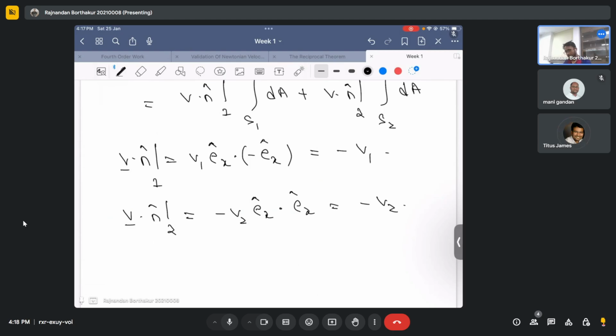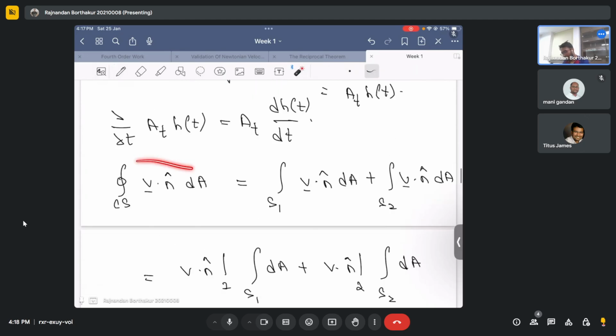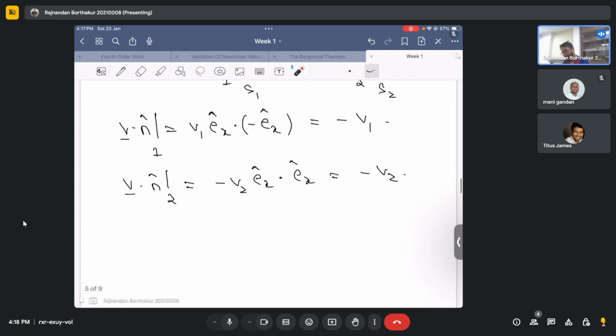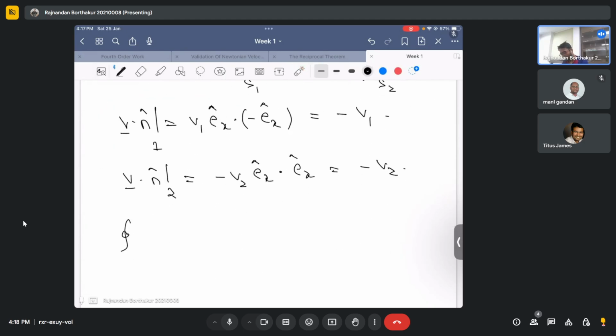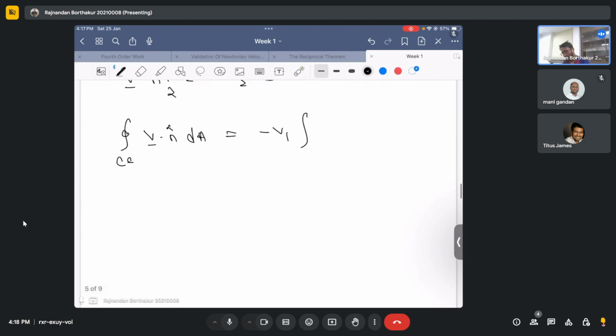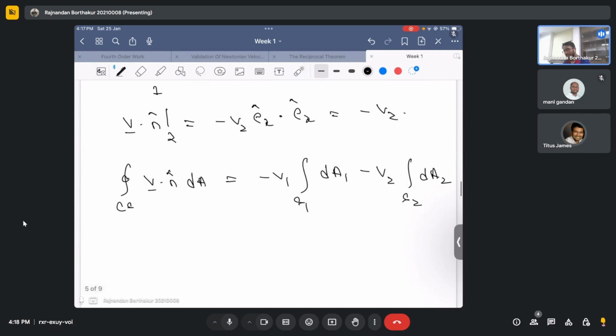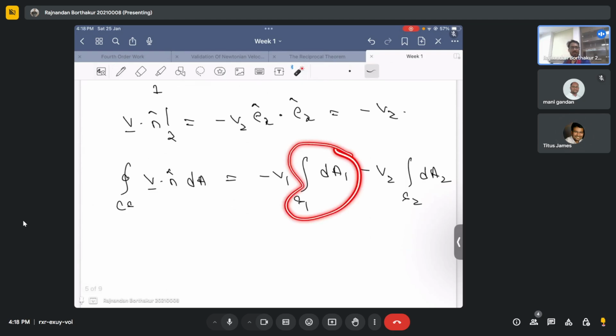That's it. So the closed surface integral of v dot n hat dA essentially becomes minus v1 integral over surface 1 dA1, and minus v2 integral over surface 2 dA2. And what is this integral? See, the area of the surfaces is just constant.